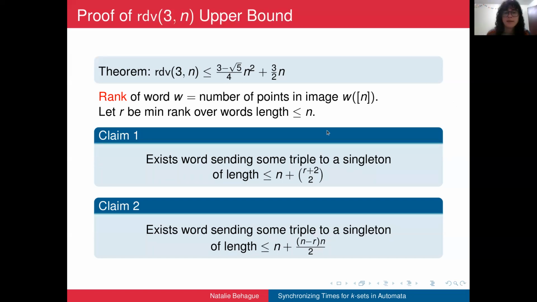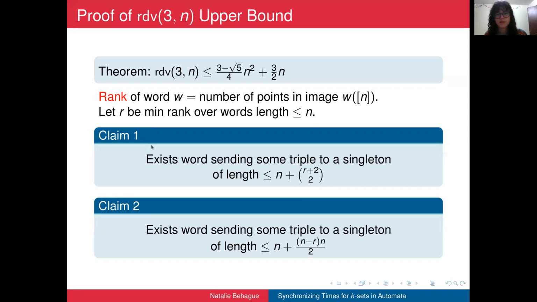The first claim is the claim we want to use when R is very small. So that means there is a word of length at most n which has a small number of points in its image. It seems logical that we could probably use that to get claim 1: you just take the word W itself that has small rank, and then you look at its image and you somehow send that down to a singleton.